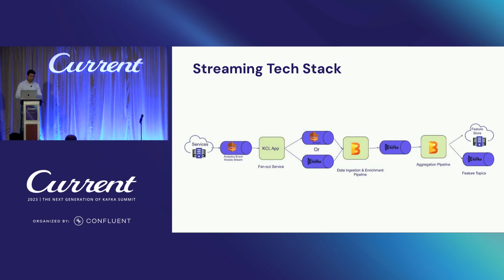At a very high level, if we imagine how the whole streaming infrastructure fits into the ecosystem, this is how it looks. From the very beginning, we have different services generating analytics events. They get pushed into a global bus or Kinesis stream. Then you have the KCL app, which is for fan out.